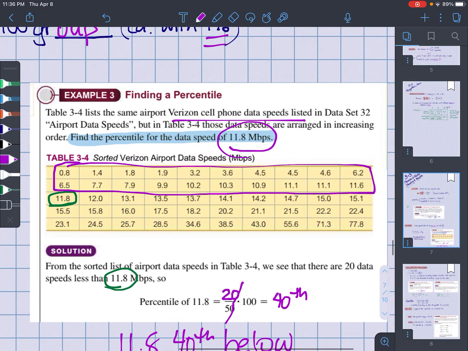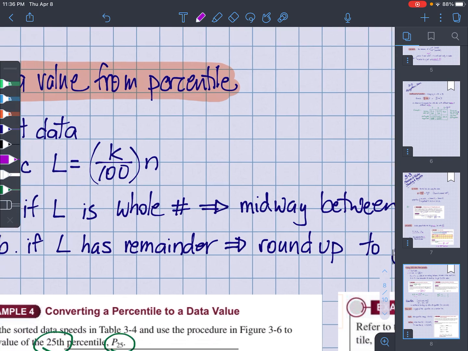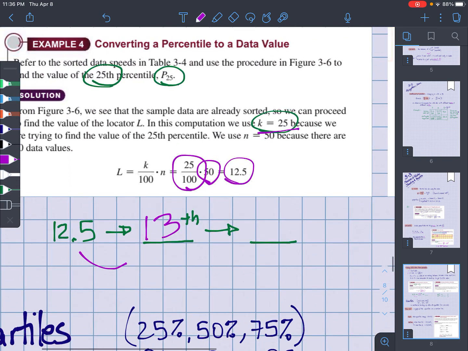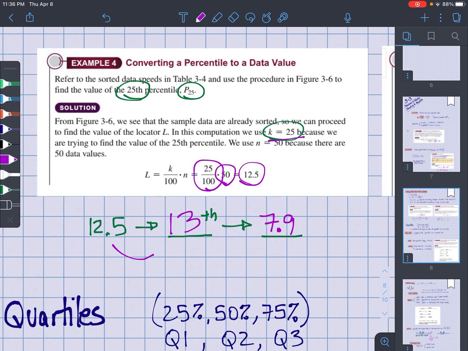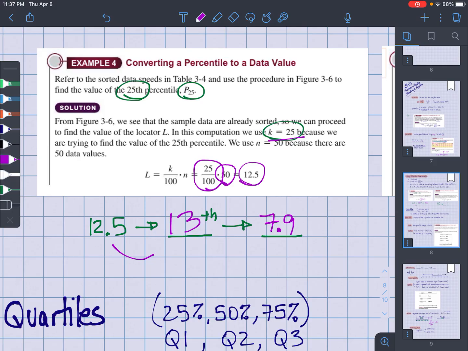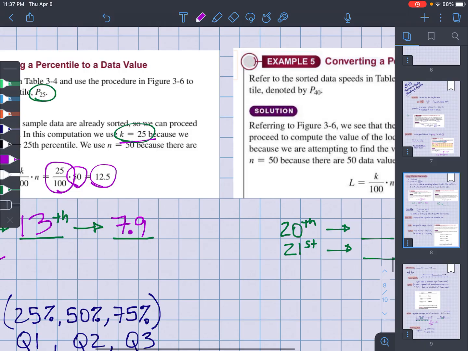Come back here, 13th number in the chart. Okay, so 10, 11, 12, 13, 7.9. There we go. All right, so coming back down here, 7.9. All right, so 7.9 is the 25th percentile in that set.